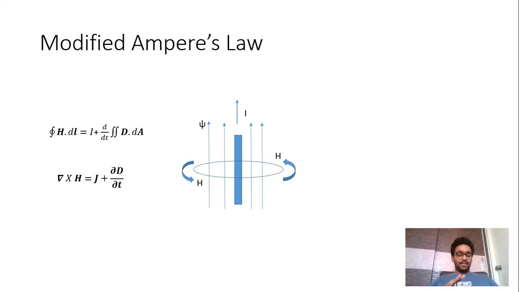If you have a non-conductive medium, then you can have this dou D by dou t. That means even though you don't have a current carrying conductor and you are having a change in magnetic field, you still have a change in electric flux.